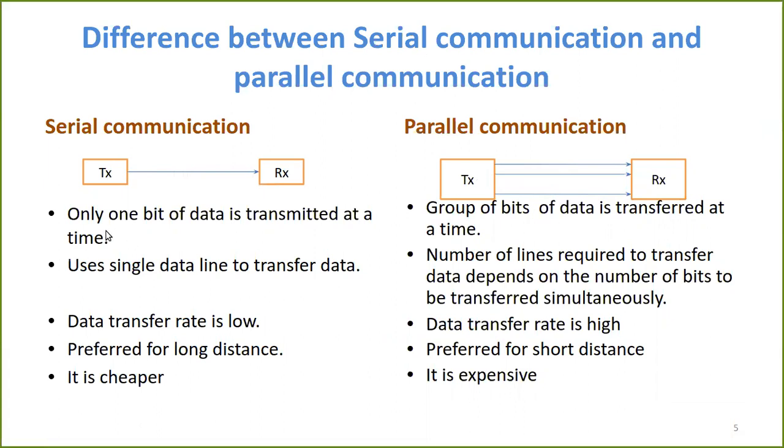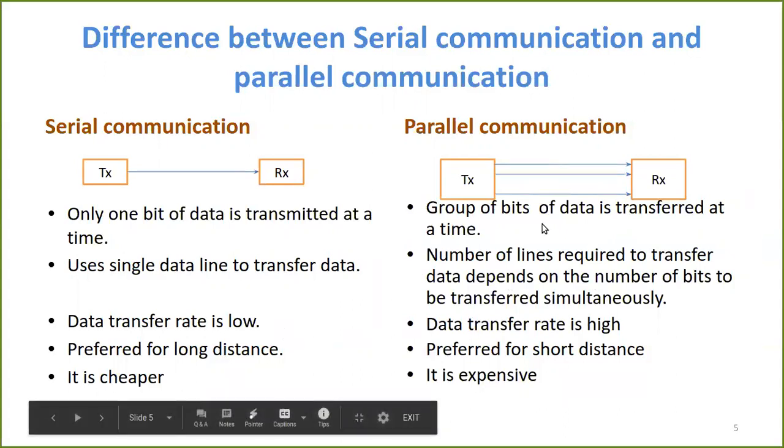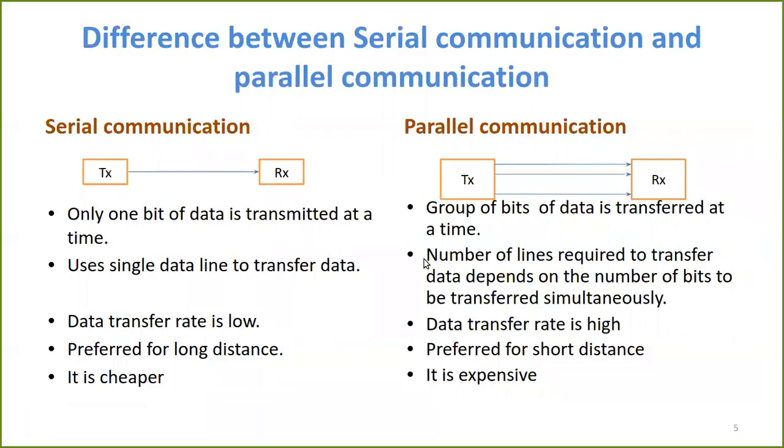The first difference: in serial communication, only one bit of data can be transmitted, whereas in parallel, a group of bits can be transferred at a time. In serial, we use only a single data line, but in parallel, we use more lines, depending on the size of the data, so a complete byte can be transferred at a time.